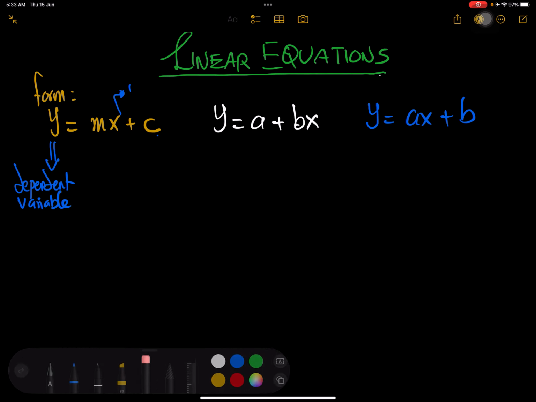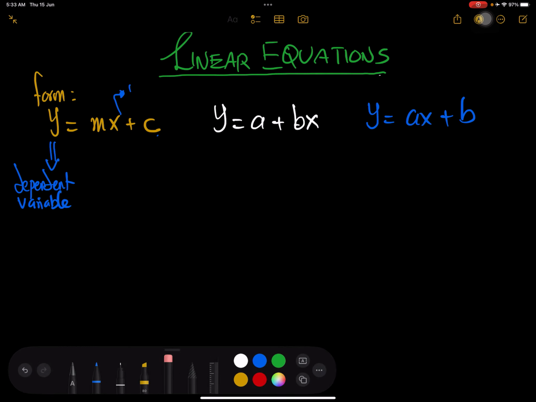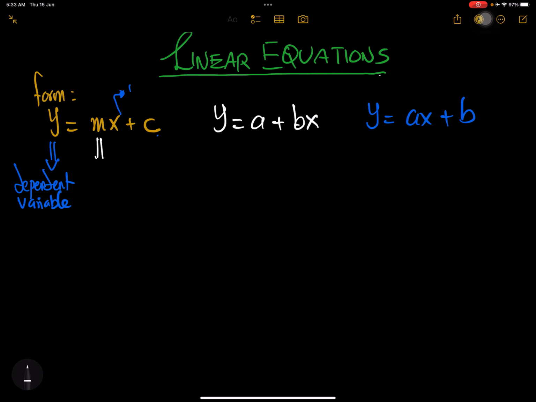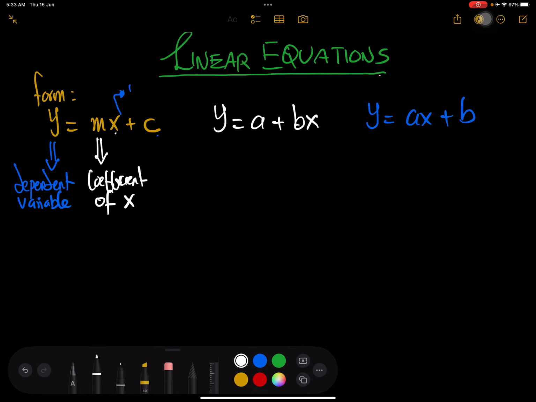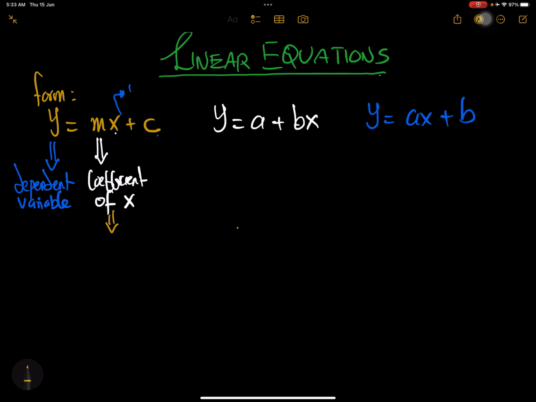The coefficient of x, which is m, is the one attached to the x. Another name we give to that m is the gradient, or the slope.